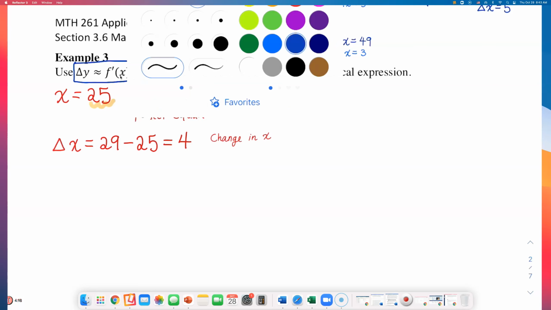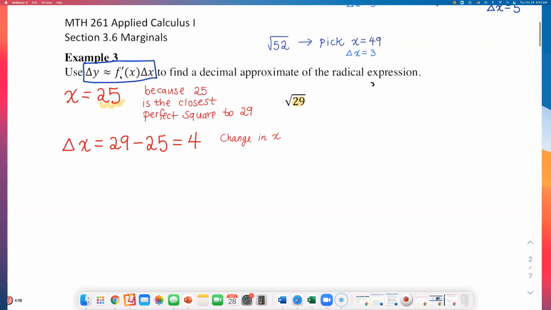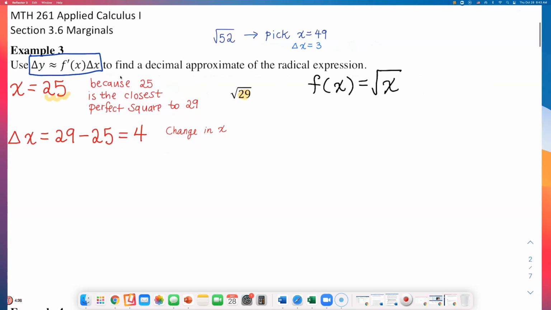Let's start with that. F of x is square root of a number, right? This was square root of 29. So we're going to say that the function is f of x equals square root of a number.